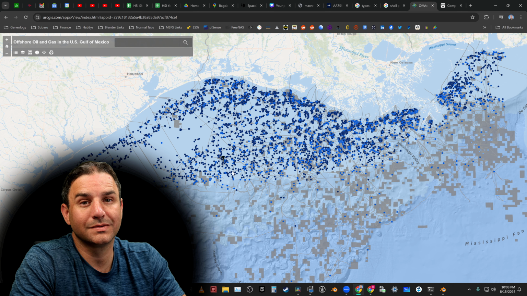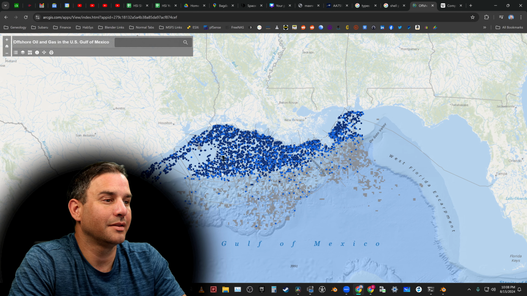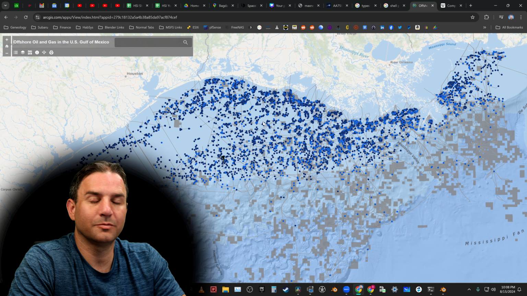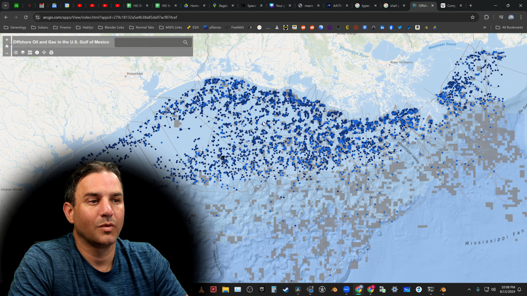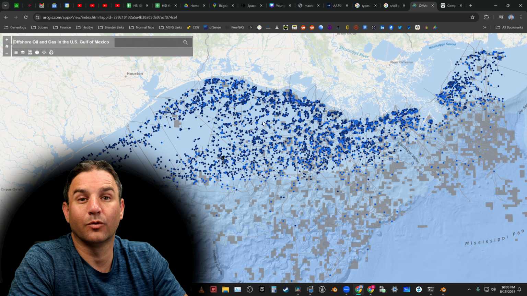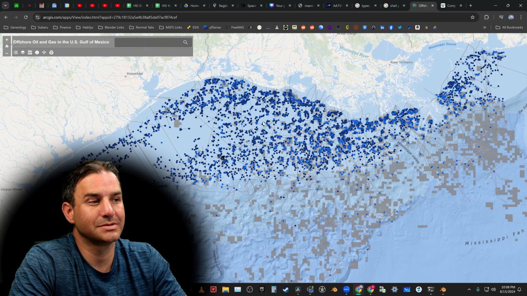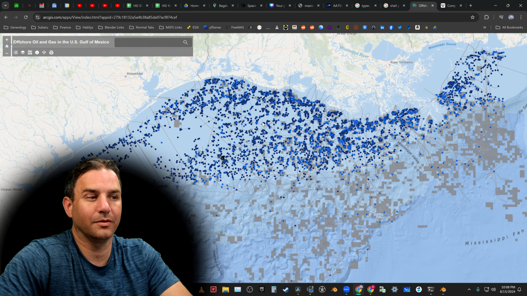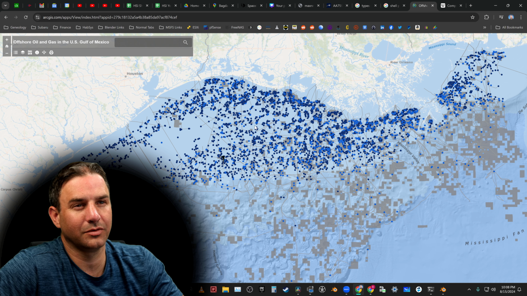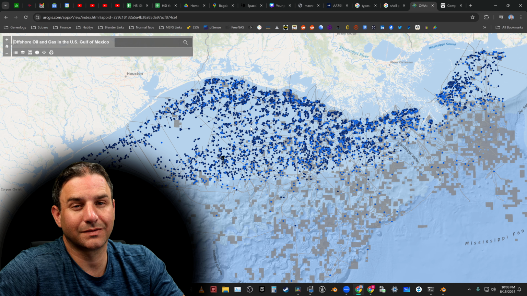It's one of the biggest, of course, but just in this area alone, there's been 6,000 different oil and gas platforms installed over the last 60, 70 years since they started installing them. Now, I think there's currently around 2,500-ish that still exist.